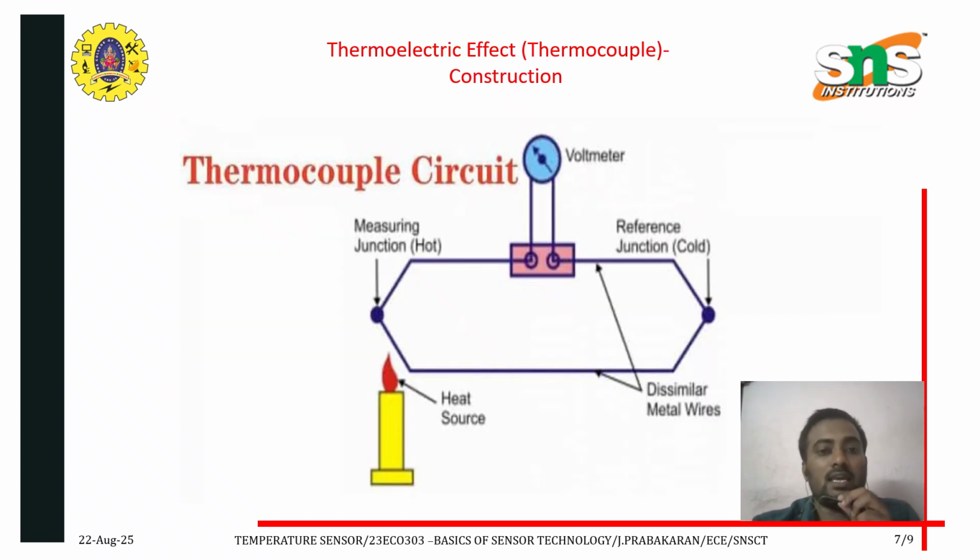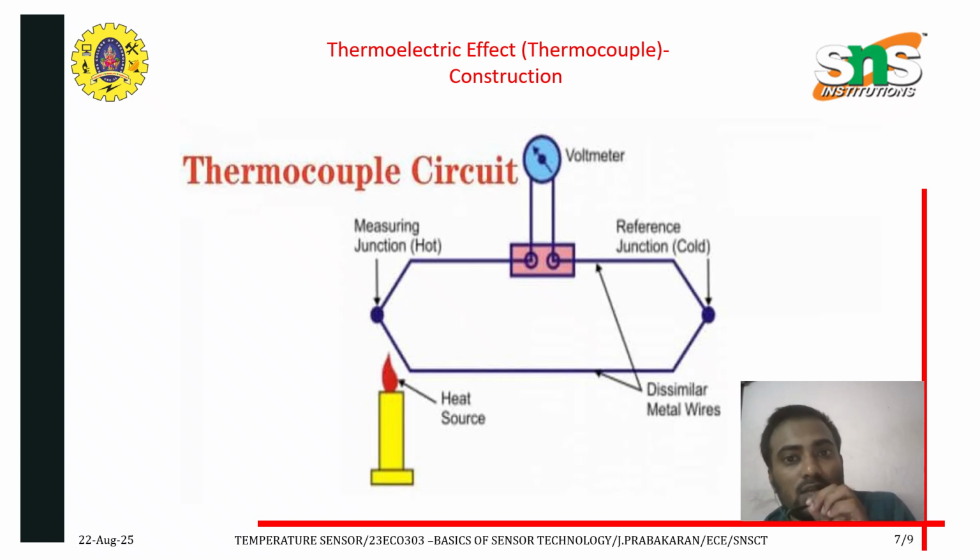This is the construction of the thermocouple circuit. Generally, the principle behind the thermocouple, also known as the thermoelectric effect or Seebeck effect, is the conversion of temperature difference into electrical voltage. This effect occurs when two dissimilar metal wires are joined at two junctions.